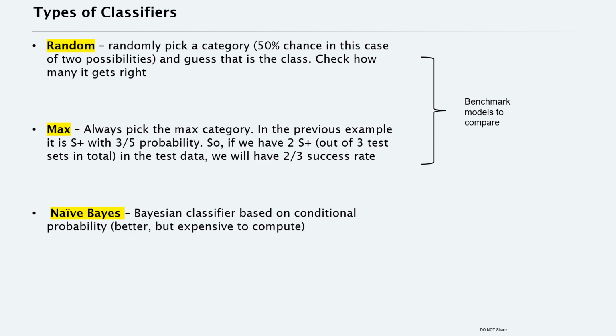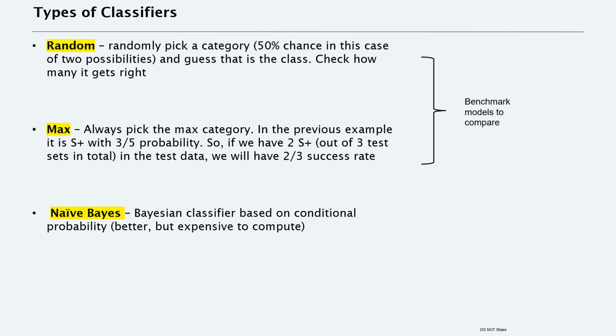Next, we have the max classifier. This one is particularly useful when one class dominates the dataset. By assigning all instances to the most frequent class, it can yield high accuracy on imbalanced data and serve as another benchmark. If your model can't beat this classifier, it's probably not leveraging the data structure well. Finally, there's the star of the show, naive Bayes.